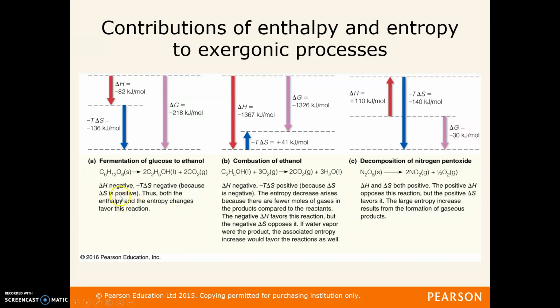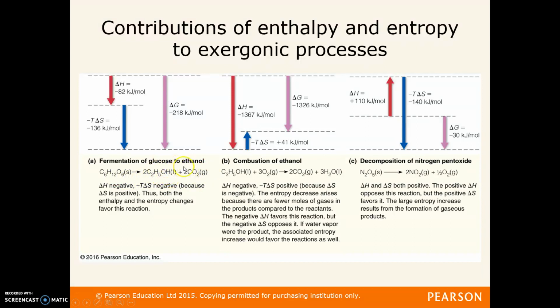So when we look at different equations, we will see different amounts or different effects contributing to the ultimate outcome, right? So here we have fermentation of glucose to ethanol. This is going to cause the liberation of some gas. So something to consider here is that this one molecule has now become four molecules.